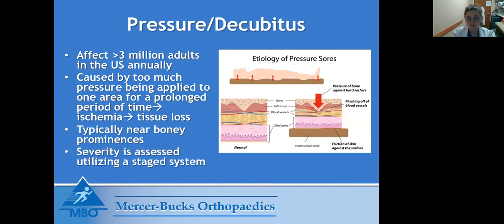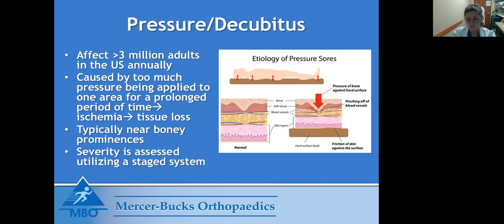This pressure causes ischemia, because you can see in this picture, ultimately the pressure pinches the blood flow to the skin between the hard surface, the bony prominence, and whatever surface the pressure is coming from. If that happens for a prolonged period of time, then that blood flow is cut off, and the tissue ends up dying, and you have tissue loss and a wound develops.